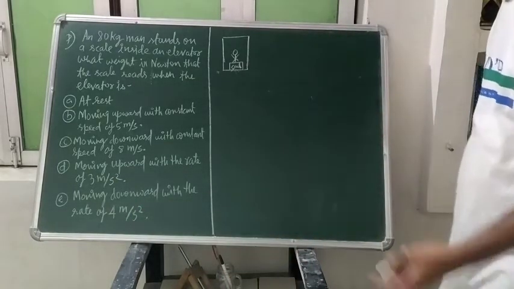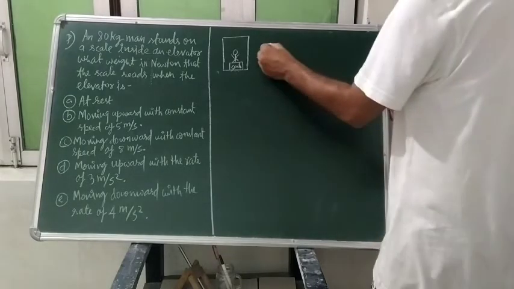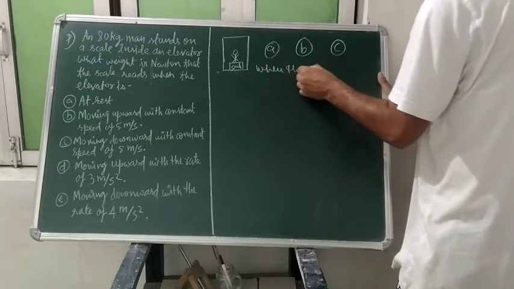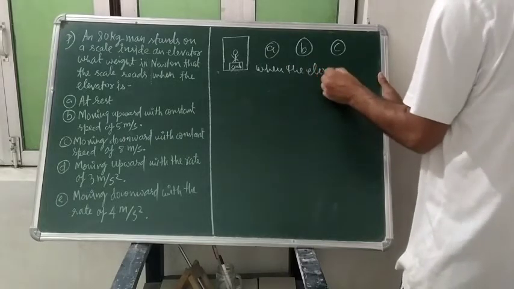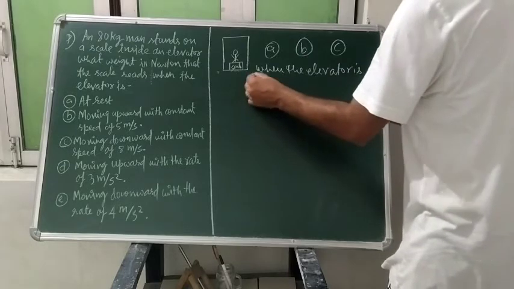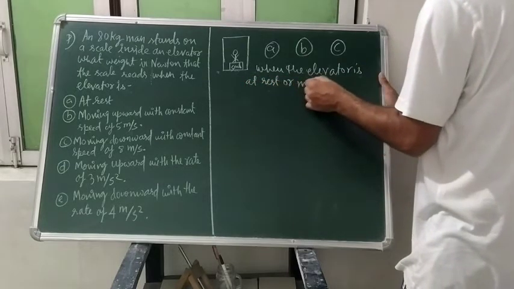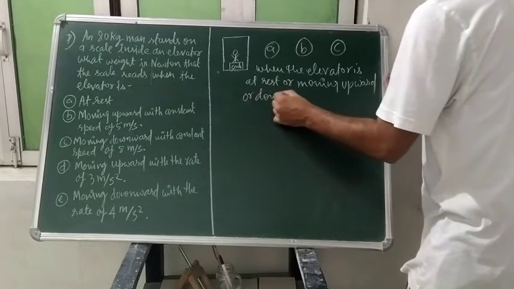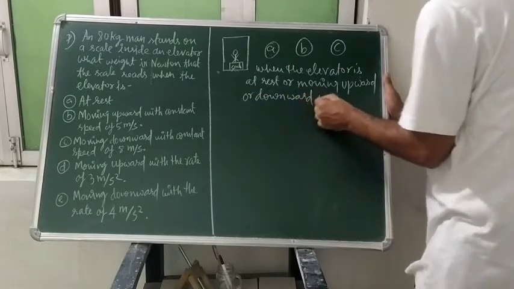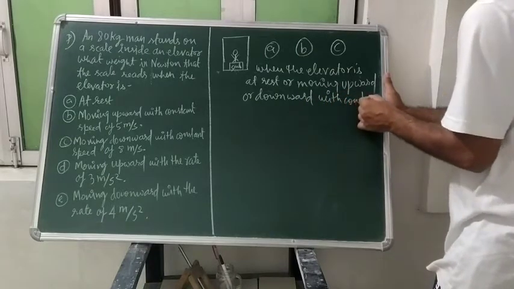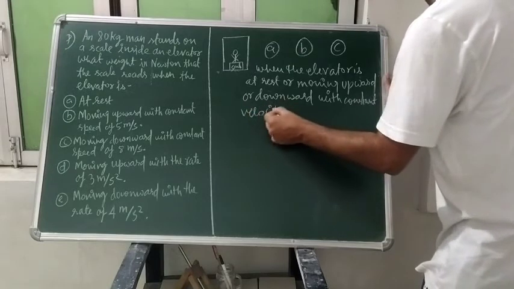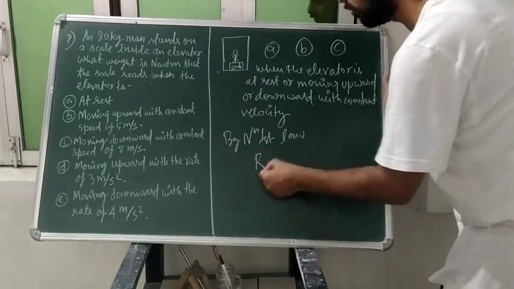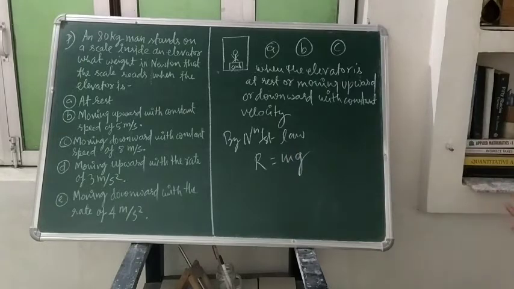So we have come to know the different situations. For A, B and C, when the elevator or lift is at rest, or moving upward or downward with constant velocity, then by Newton's first law R is equal to m times g only.